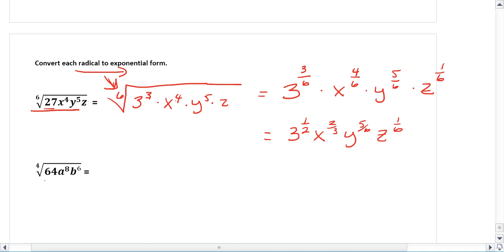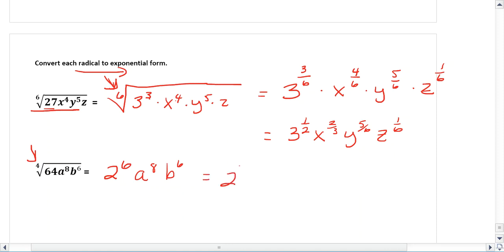So let's look at another example. 64 in its prime factors is 2 to the 6th. And again, I'm just going to leave the letters with their exponents. So I have a to the 8th, b to the 6th, and then we're going to use this fourth root, and that will become the denominator of all of these exponents.